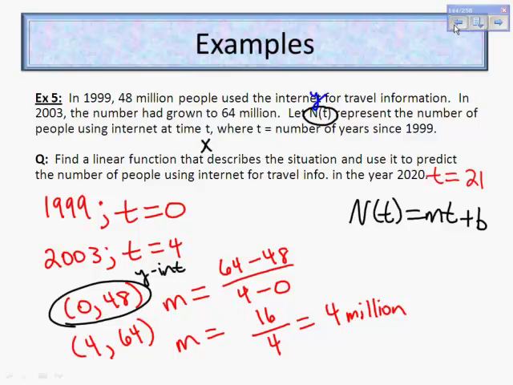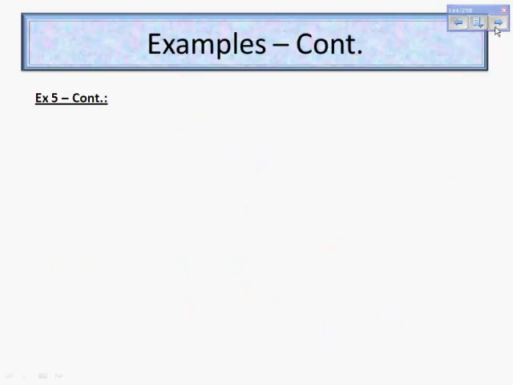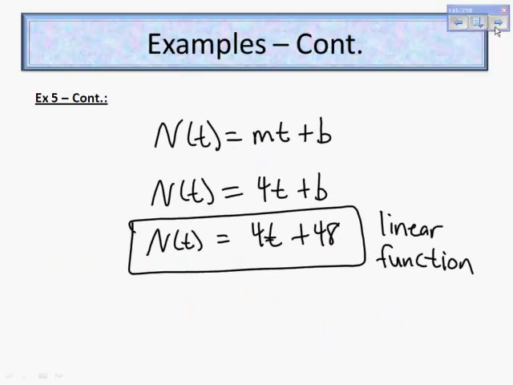So I'm going to take that value for t, I'm going to come over here to my function, and take my function and evaluate it at t equal to 21. I'm just going to take n of 21. So that's going to be 4 times 21, and that plus 48. So 4 times 21, that's going to give me 84.